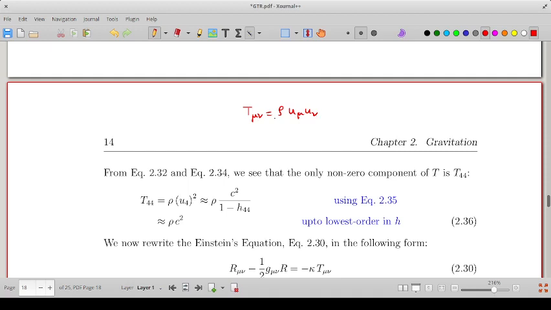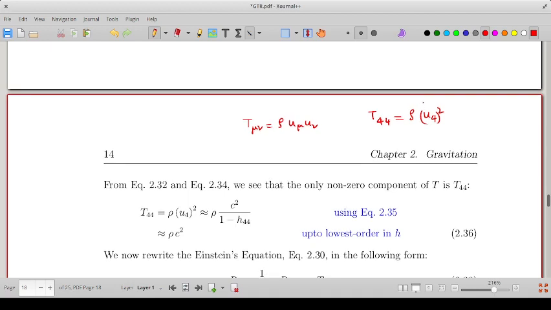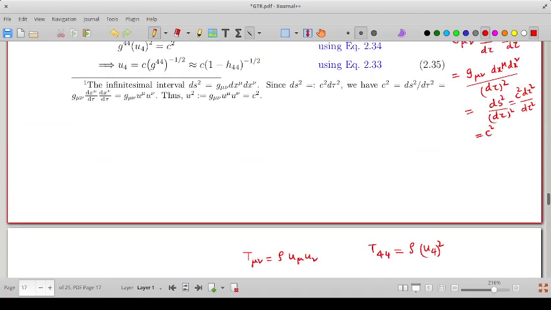So all other components of the energy momentum tensor will be 0. The non-zero component in the frame of reference in which the dust is at rest is given by T^44, and that will be ρ (u^4)². But we have already seen that u^4 is equal to c times (1 − h_44) to the power minus half. So this will be equal to ρ c² divided by (1 − h_44).